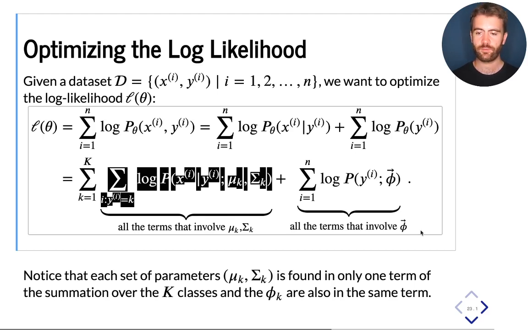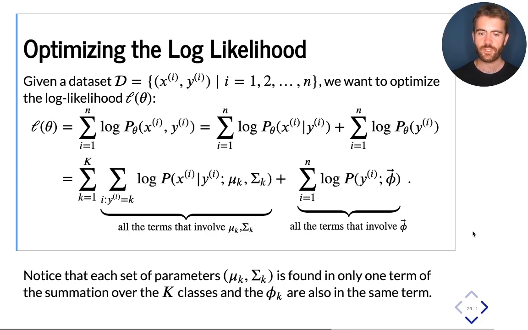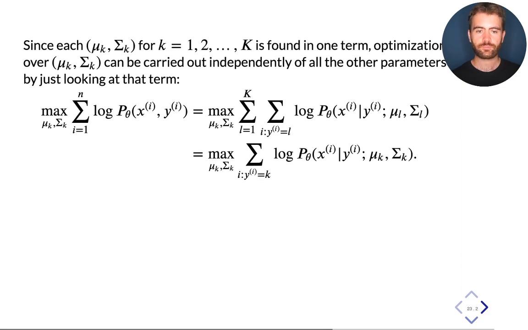So our log likelihood objective decomposes into a sum of terms, and each term contains a different subset of the parameters. Each set of parameters is found in only one of the terms. So I can optimize over the parameters separately by just considering each term for its relevant set of parameters.